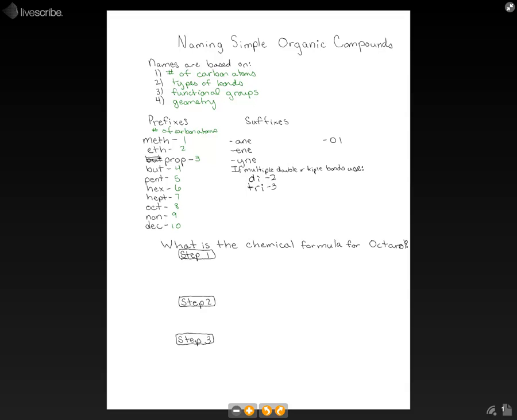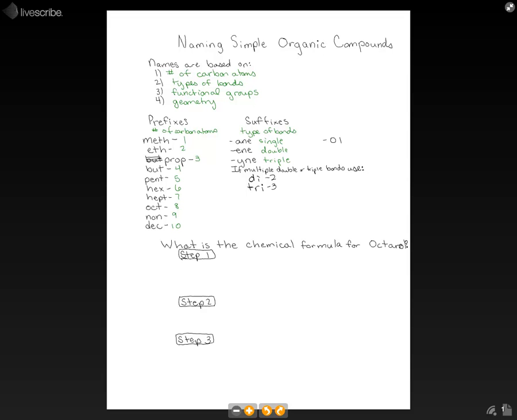The next thing we use is some suffixes, and there's different types of suffixes we can use. The first one that all the namings are going to use is the type of bonds one, and that is here. And that just tells us if we have single, double, or triple bonds in our molecule.